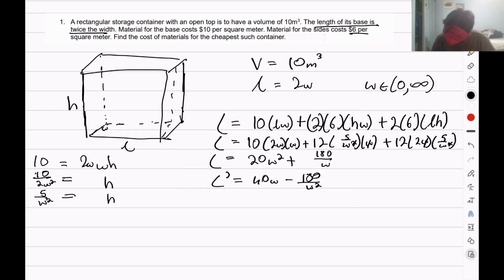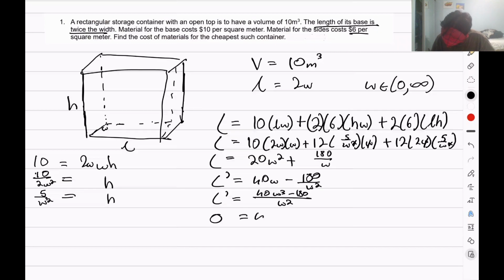So now that we know that this is our derivative of the cost function, we'll set it equal to 0. Wait, I should set a common denominator for this, so it becomes easier when I set it equal to 0. So it becomes 40 width cubed minus 180 over width squared. Now we set it equal to 0. We cross multiply the width squared.